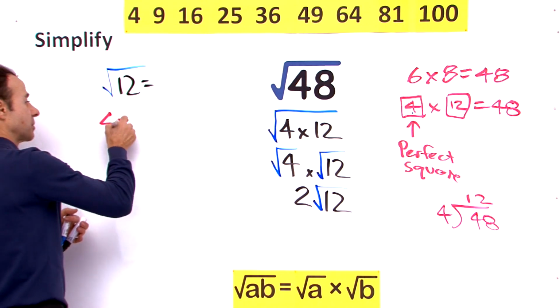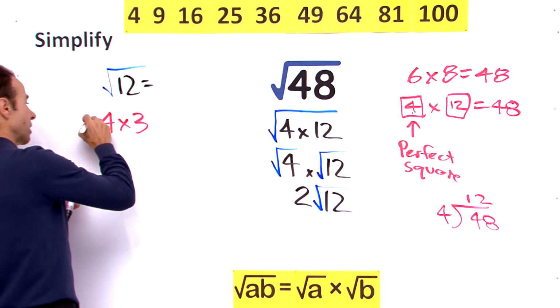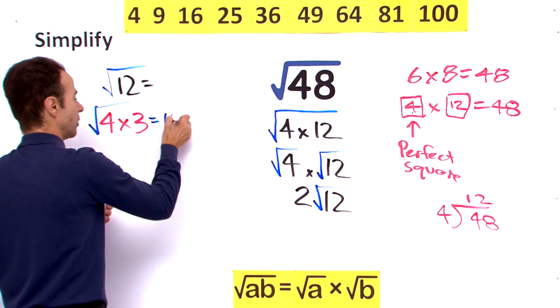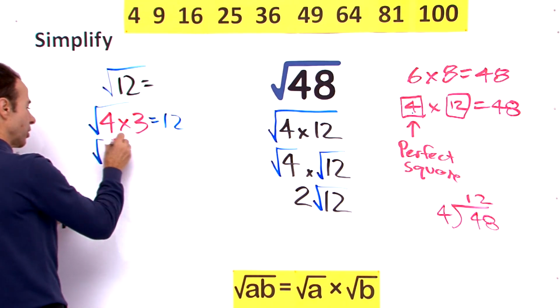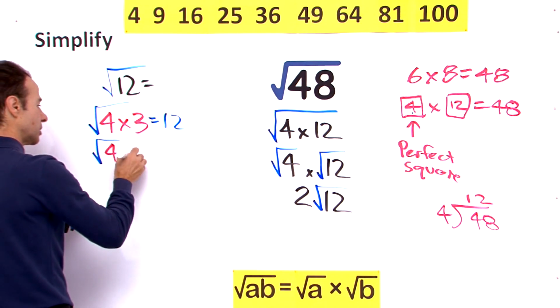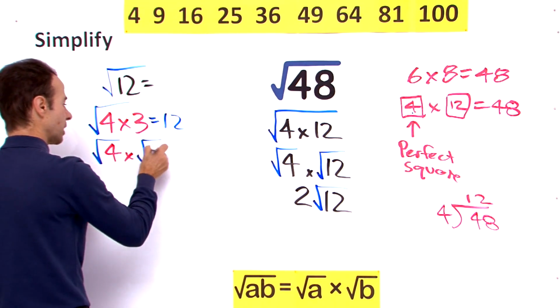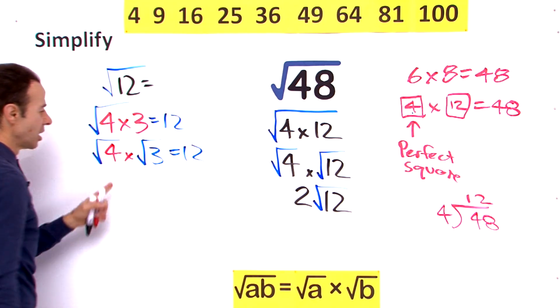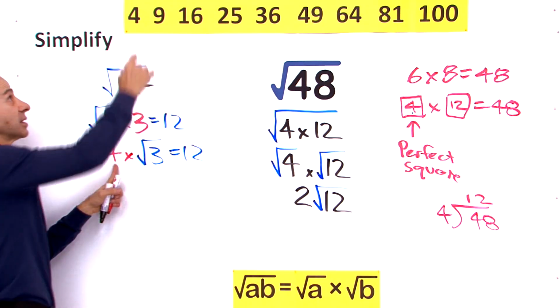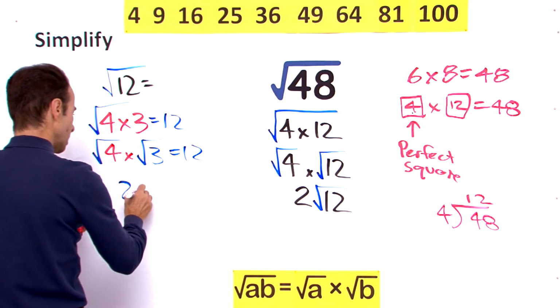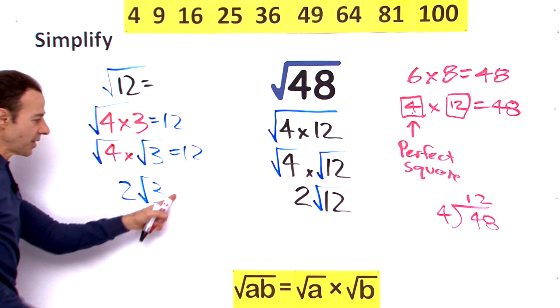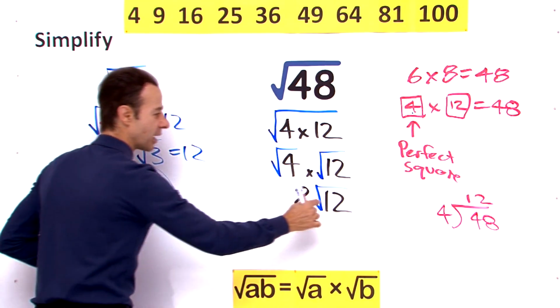So the square root of 4 times 3 is equivalent to the square root of 12, isn't it? So let's separate these two: the square root of 4 times the square root of 3. That still equals the square root of 12. Nothing's changed. Good news is that's a square number. Square root of 4 gives us 2. So that means we can have 2 square root of 3. So that is simplified for the 12.